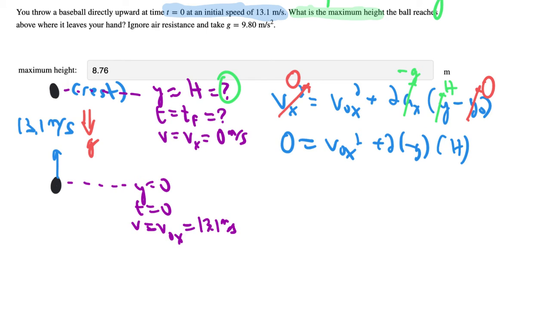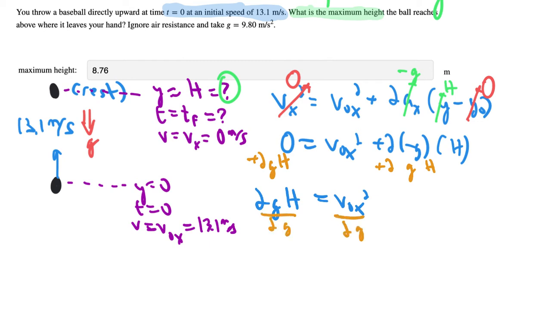I've got to add 2 times plus g times h to this side to get rid of it, but that gives me plus 2gh on that side. So our equation becomes 2gh equals v0x squared. And then I'm going to divide by 2g, but I have to do it on both sides, to end up with h equals v0x quantity squared over 2g.